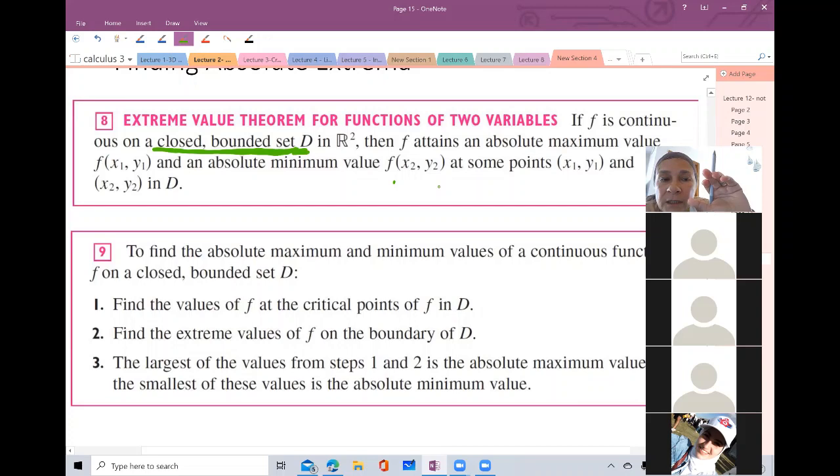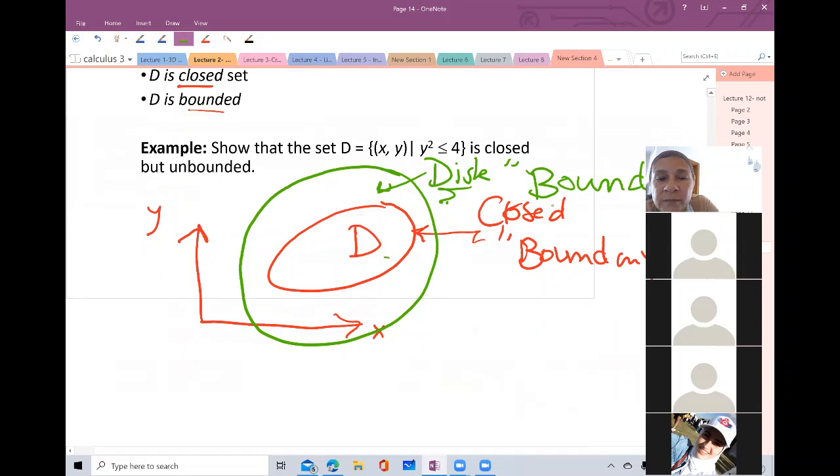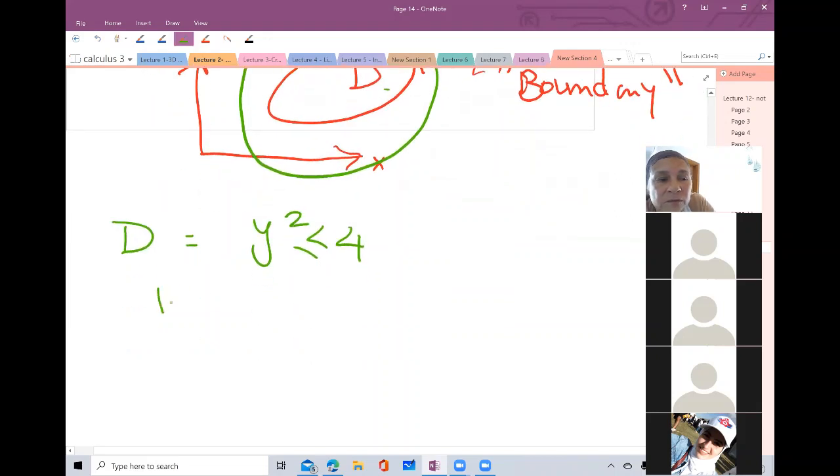How is it closed? We agreed: boundaries included. How is it bounded? Contained in a disk. For example, this set defined by y squared less than or equal to 4: is it bounded? What does bounded mean?